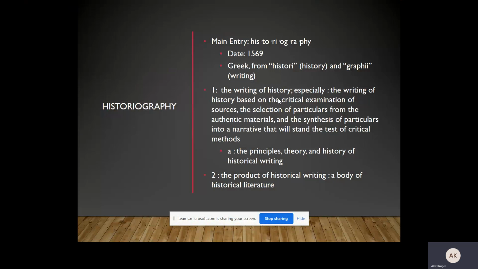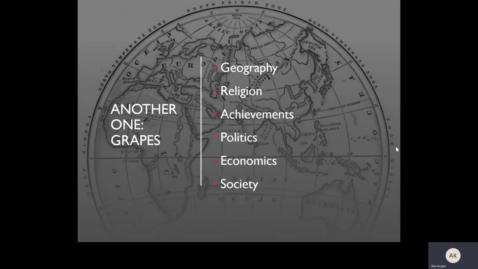Religion, you want to look at what kind of religion the nation or empire or whatever it is you're looking at people had, because that's part of their history. I mean, it'll be different for everyone. The achievements, so this would be like, if you were studying the Egyptians, you would say, what is something the Egyptians achieved? Well, the Egyptians achieved creating the Sphinx.